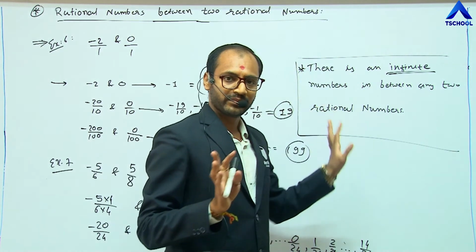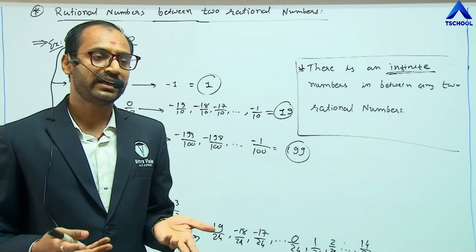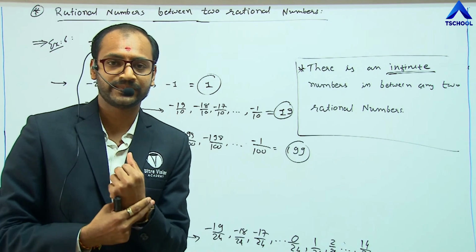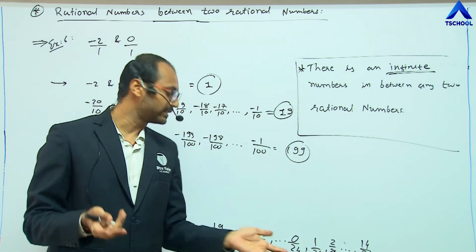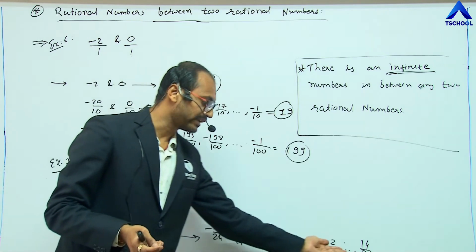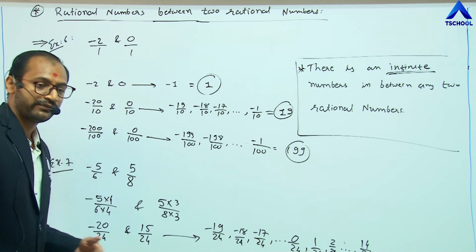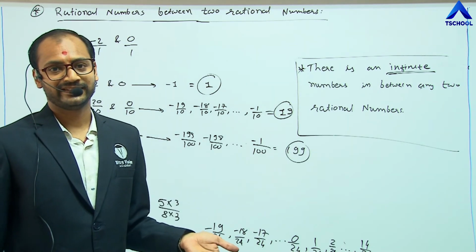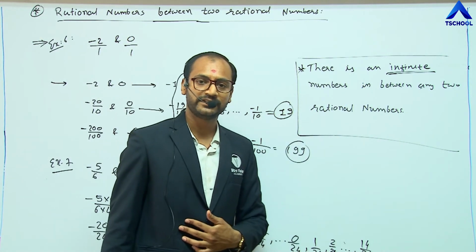If we want to write the rational numbers, not the count, then you can write them like this. But if the question is how many numbers are there, then your answer is infinite. Clear?